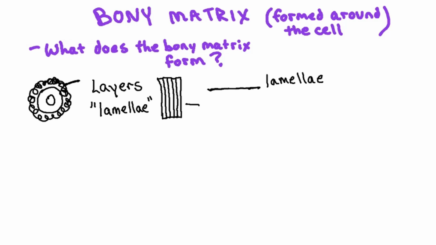It comes straight up and down like layers like that. It also bends around and turns into these rings, kind of like rings on a tree. So here's one layer of lamella.